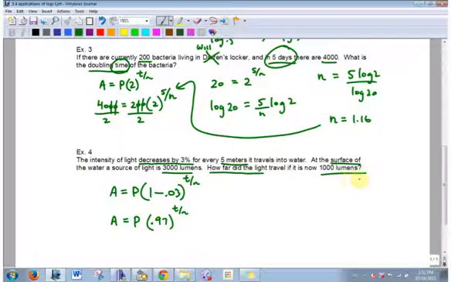That's even confusing with the wording, it sounds like present time. Bottom line is, I started with 3,000. I want to know at what distance is it 1,000. Okay? Now it makes it sound like a time.